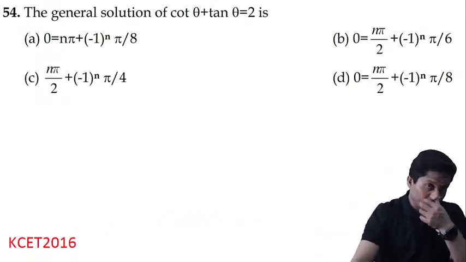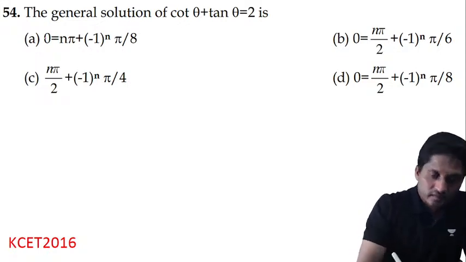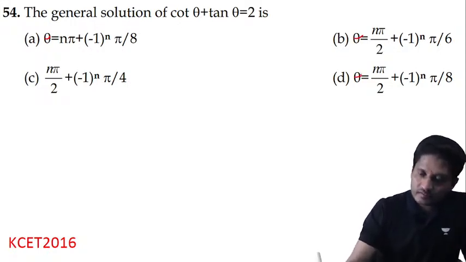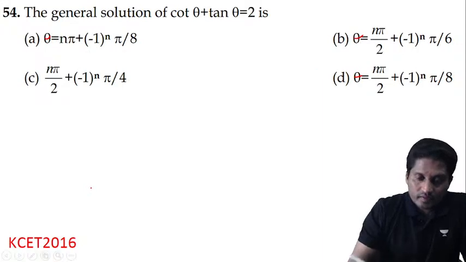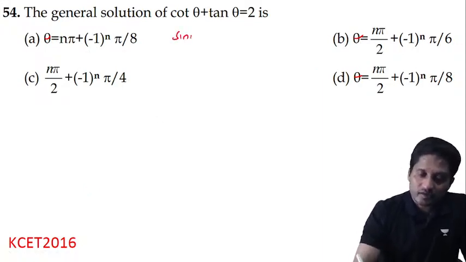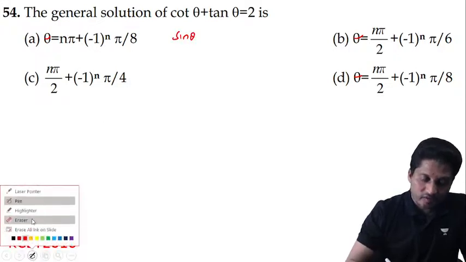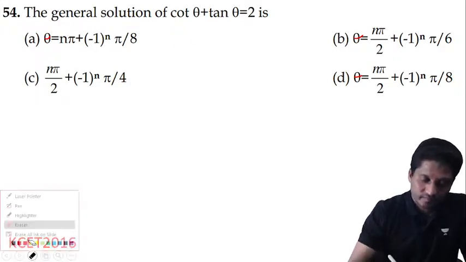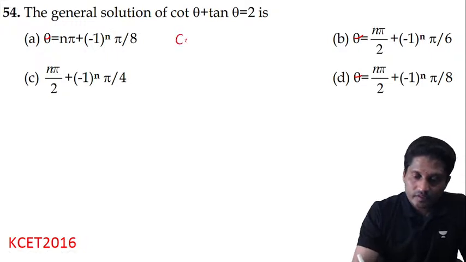General solution of the equation is theta not 0. Now cot can be written as cos by sine, cos theta divided by sine theta.